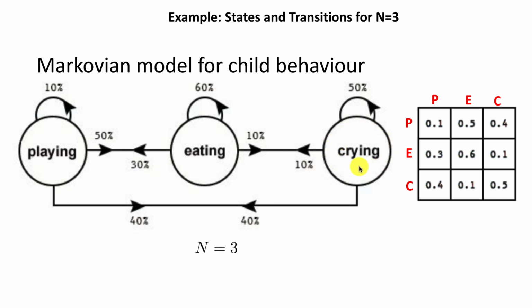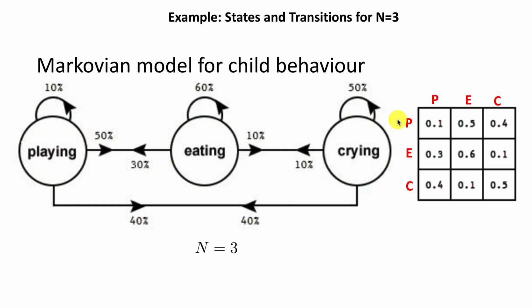While crying, she can keep crying with 50% probability, and if crying, then she can, with 40% chance, start playing again. Now these, of course, are faked probabilities, but presumably if you watch children playing long enough, then you can come up with such values for the probability.